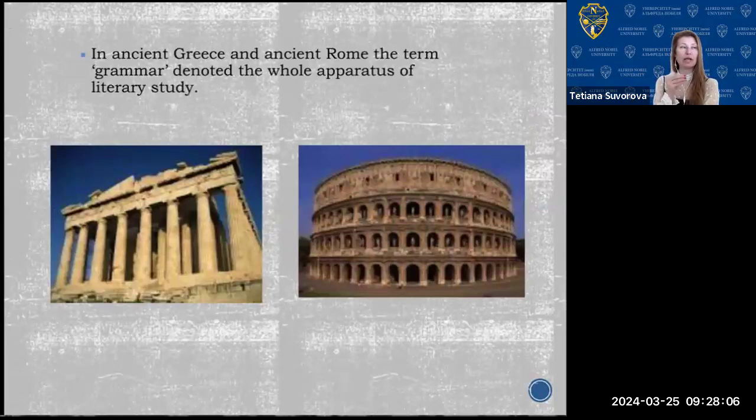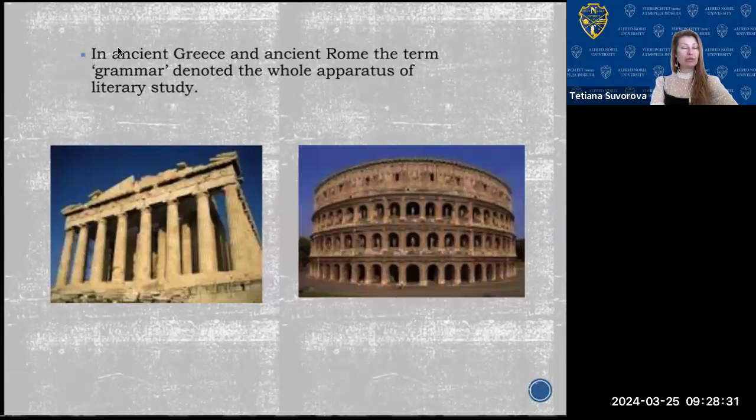So we start with ancient Greece, when the first description of language in respect of grammar structure was given, and it concerned the Greek language, and then ancient Rome. So this system was applied to the Latin language description, and that is why we speak about such chronology.